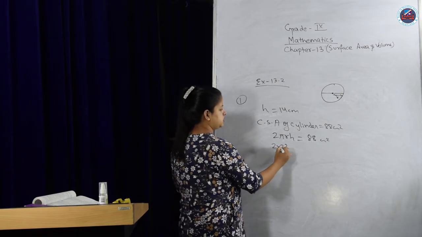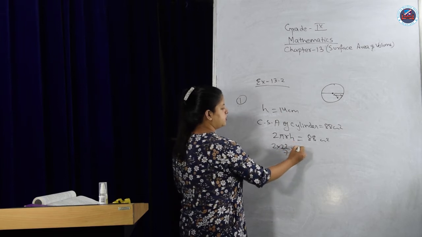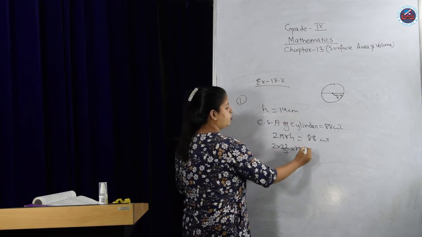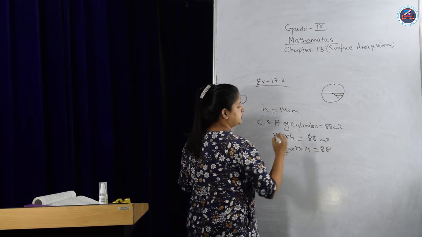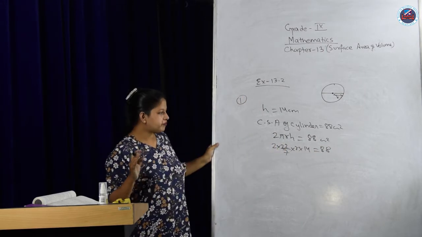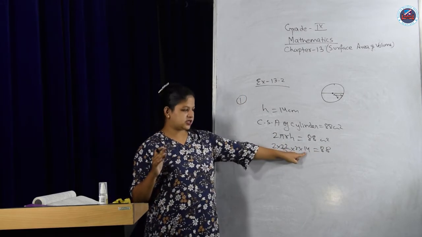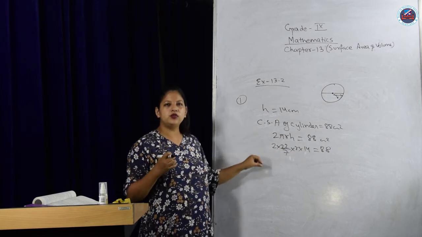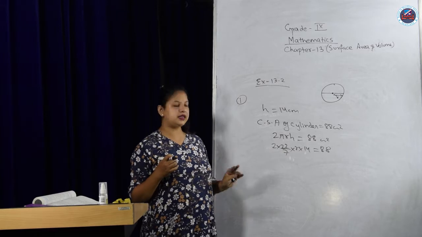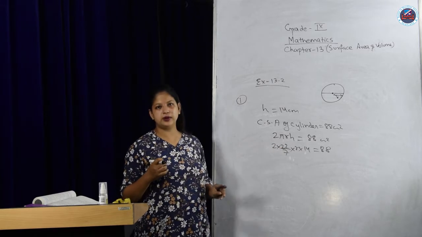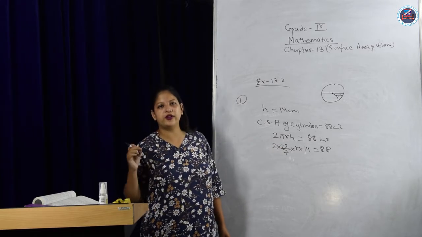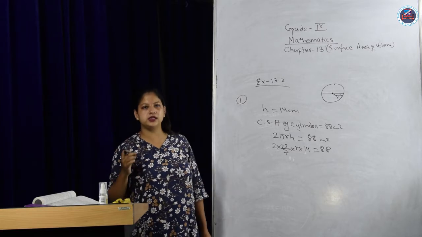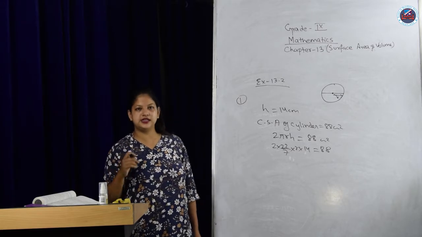So write here 22 by 7, R you are going to find, H is given 14, is 88. Sometimes 7 will not divide any of them; at that time, in place of 22 by 7, you can write 3.14, the value of pi to significant figures.